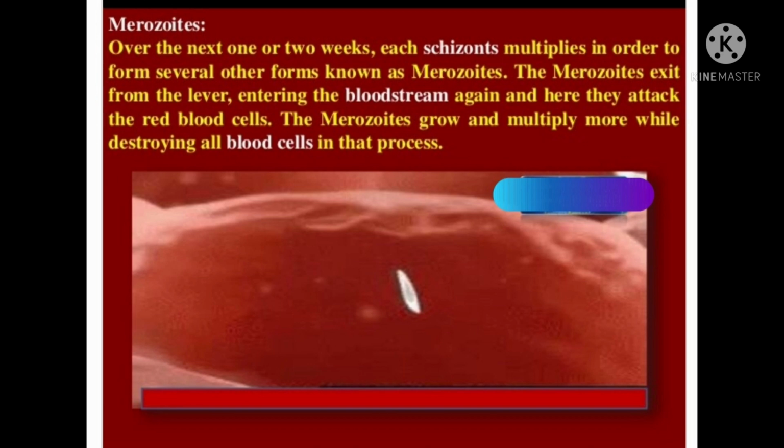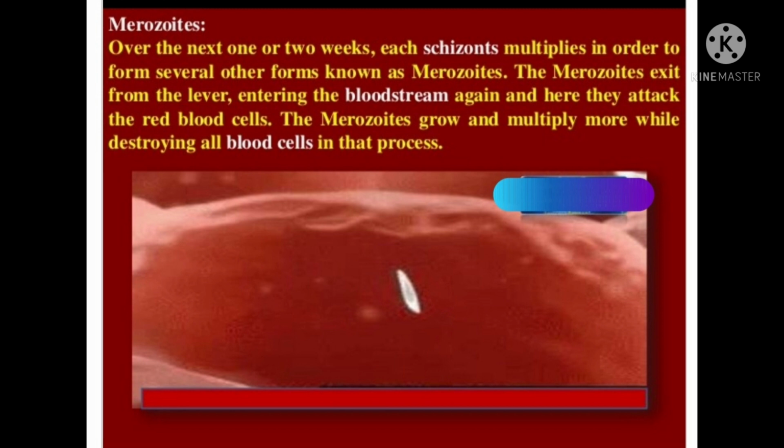Merozoites, that is the next phase, are produced by the rupture of the schizonts. Over the next 2 weeks, each schizont multiplies to form several other forms known as merozoites.